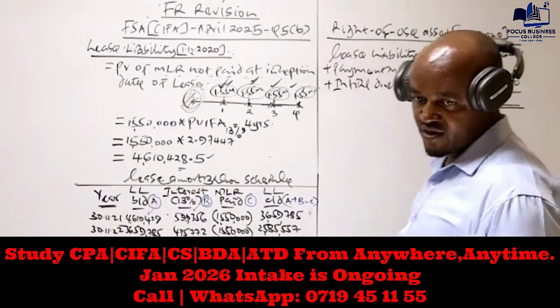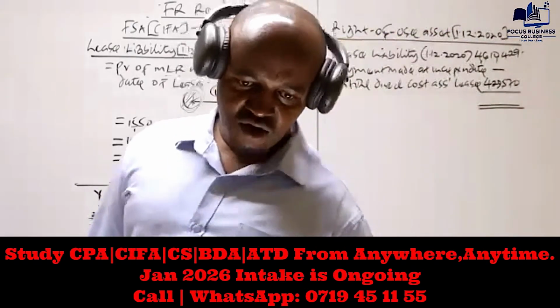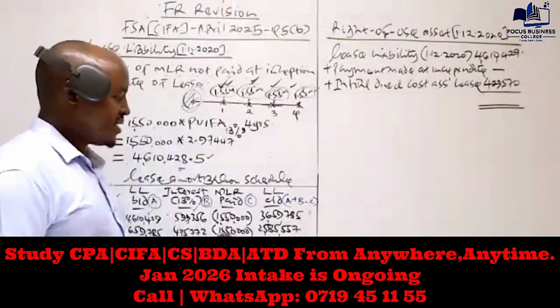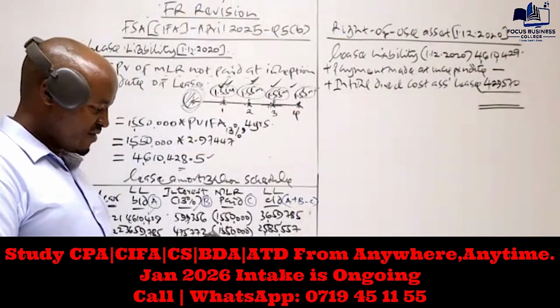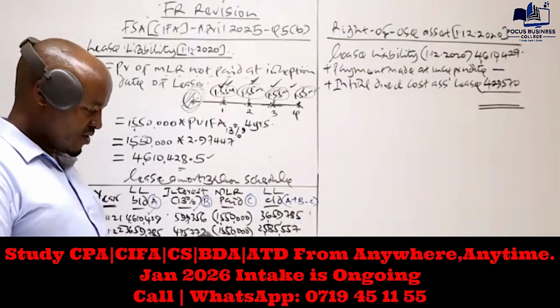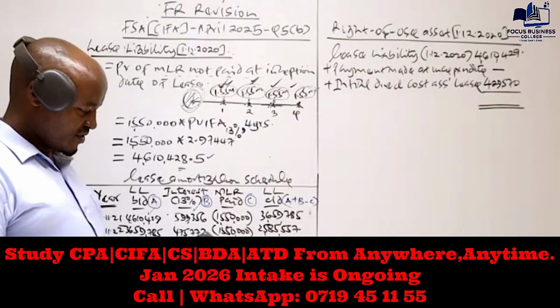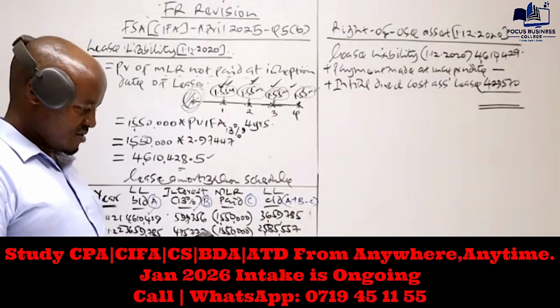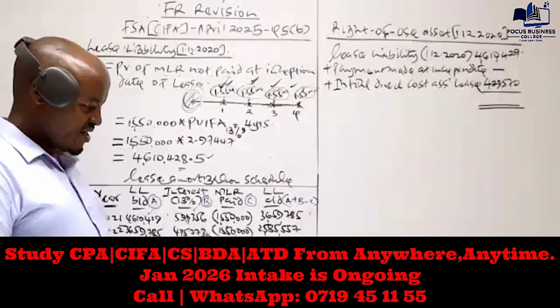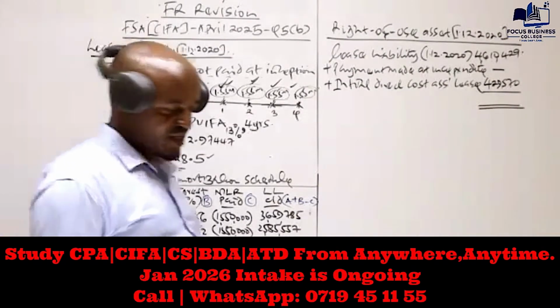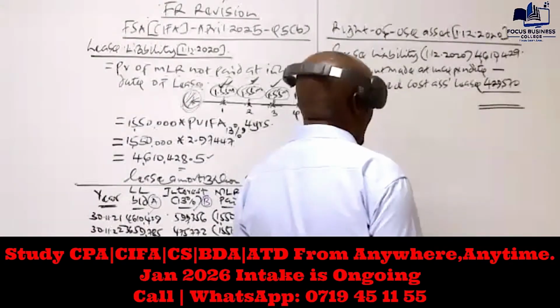429,570. So we add those two values and we get now something called the right of use asset. So the right of use asset will be 4610,429 plus 429,570. And basically we get what here?